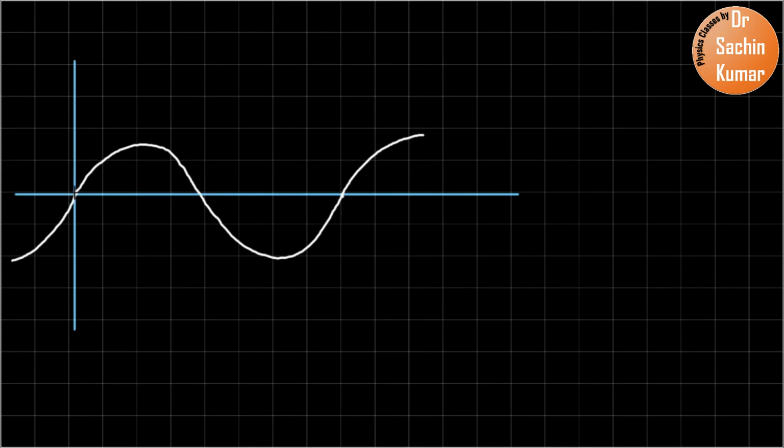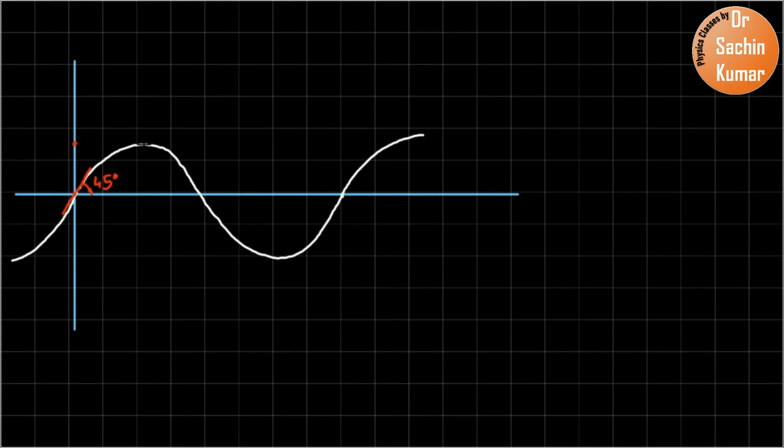Now take this point near the origin. At this point, if you draw a tangent, its angle is 45 degrees and the slope tan 45 degrees is 1. So I can draw the value of its slope on the same graph.